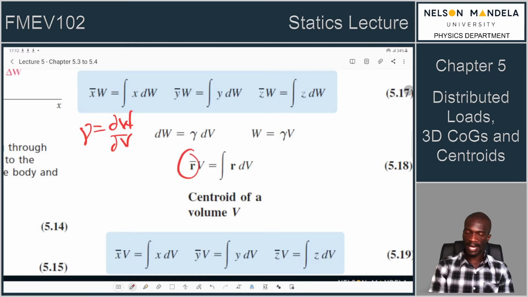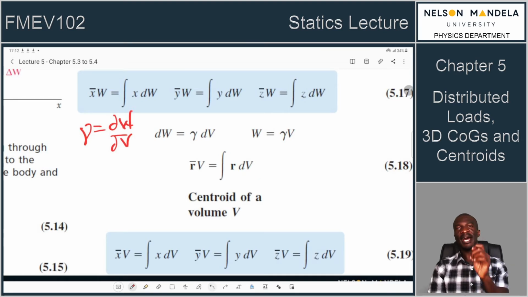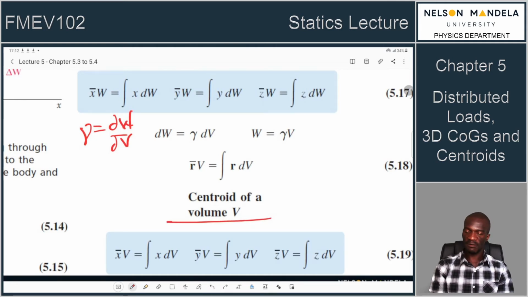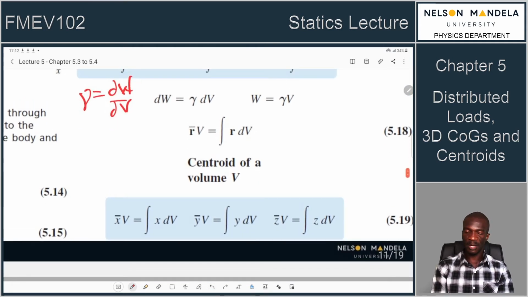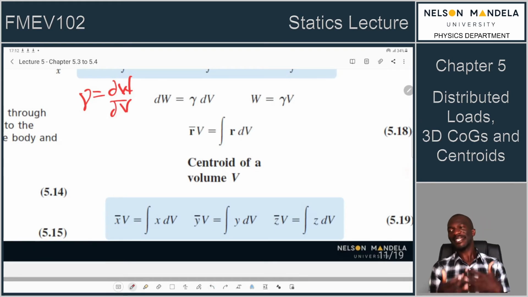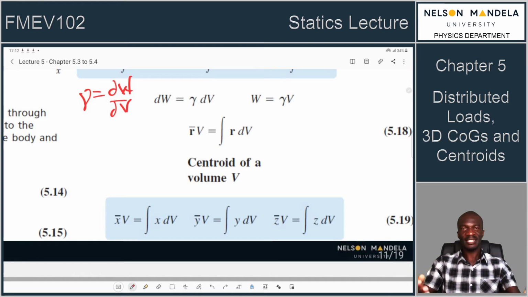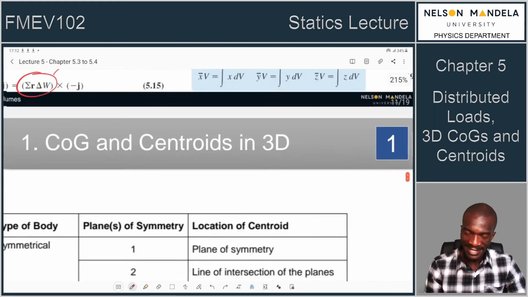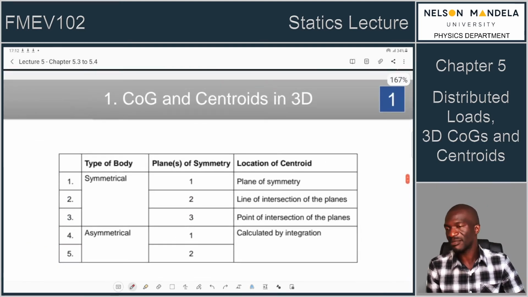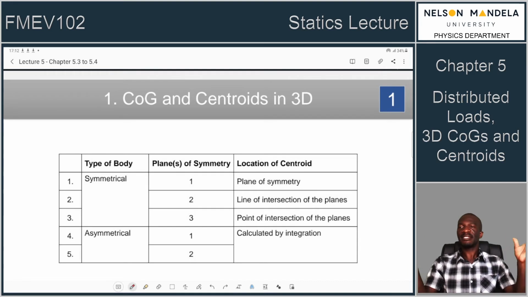So that's how R bar of the total volume is an integral of the R function with respect to the volume. So the centroid of a volume V is basically found by this equation. So this is exactly the same. 5.19 is just an extension of the previous equations, which were in terms of the area and the length. This time we are looking at the first moment of a volume. So figure 5.19 summarizes the centroid of a volume. However, there are some situations where life can be made easier for us.